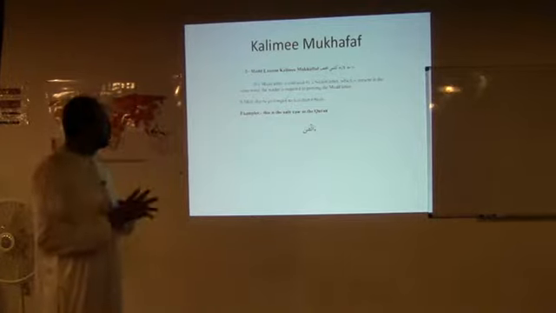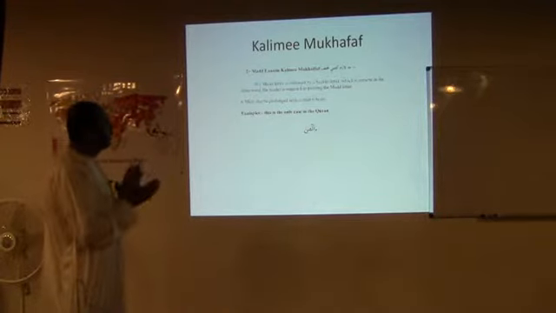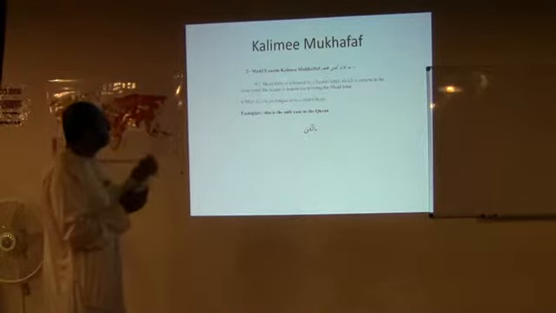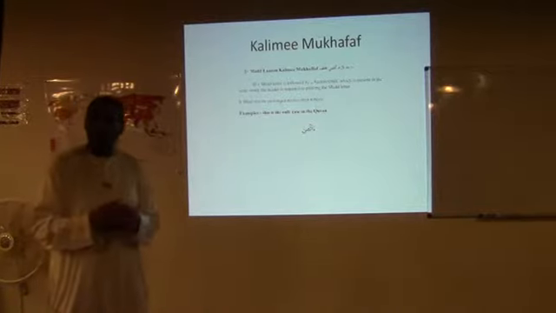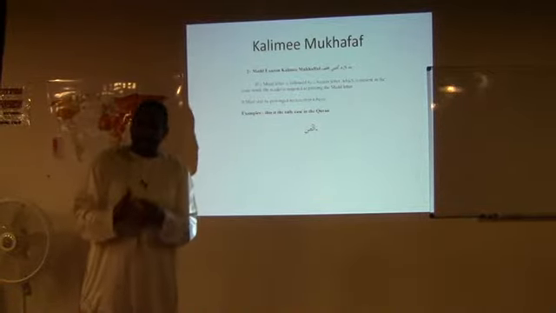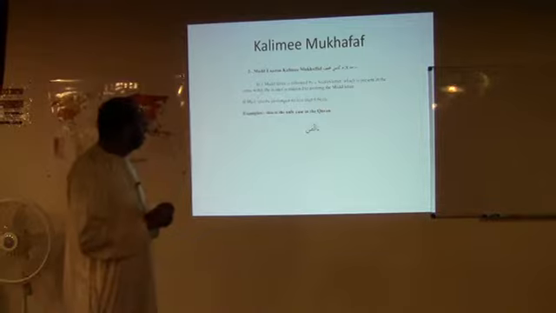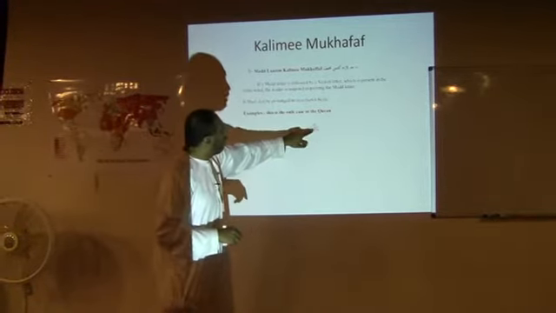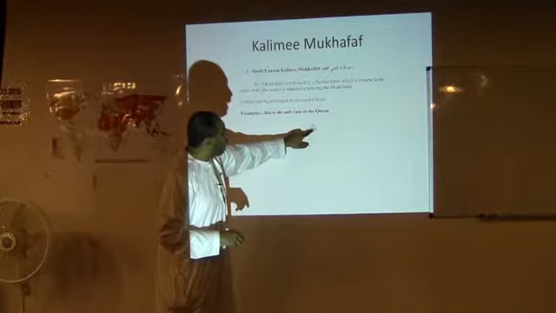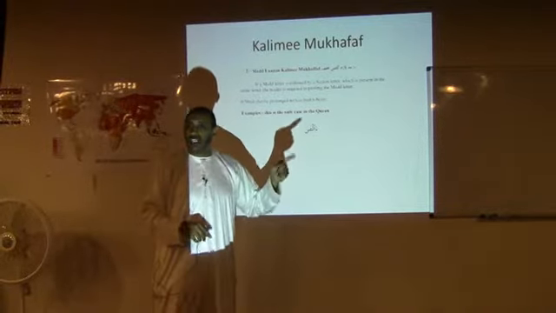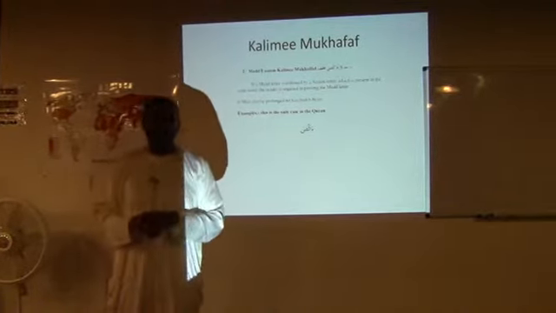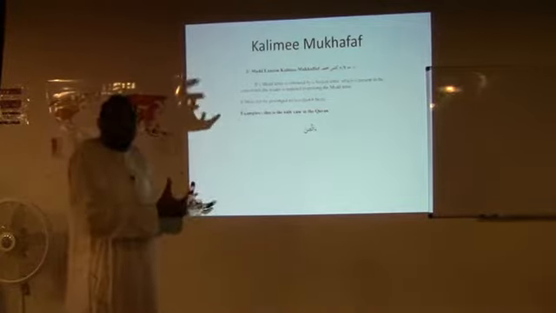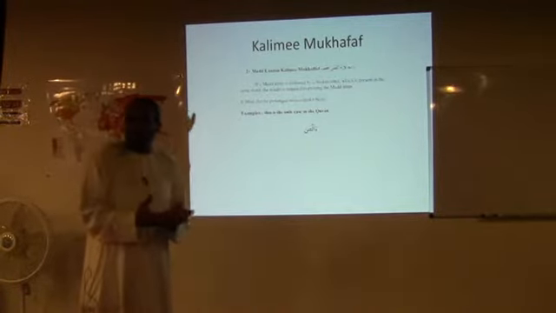Numerous examples today, so let's just take the theoretical aspect of it. This is kalimi mukhaffaf. So it's word based. But what is happening here is that the harf al-mad that we have is followed by a sukoon. In the other one, it was heavy because it was followed by a shadda.